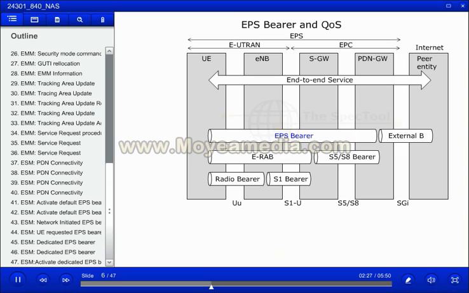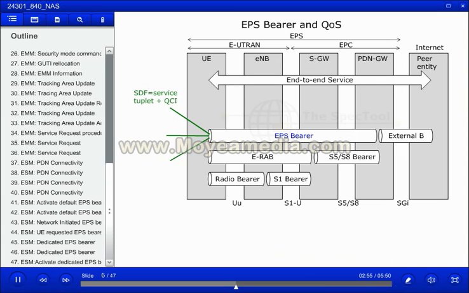When establishing the EPS bearer, the EPS quality of service profile will be communicated over the different signaling interfaces. The EPS quality of service profile is defined by 4 parameters. QCI, Quality of Service Class Identifier.